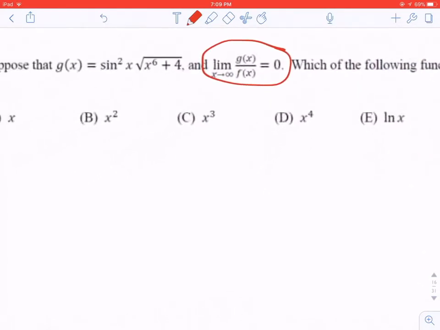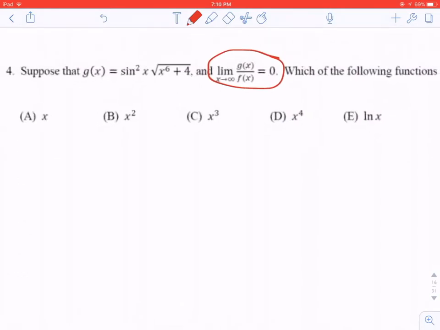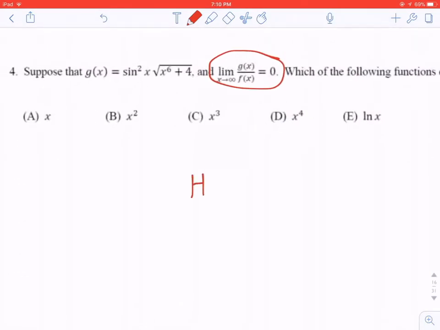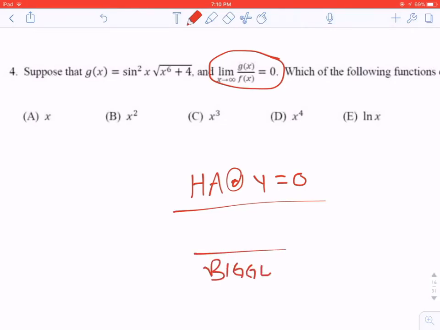So for there to be a horizontal asymptote at y equals 0, that must mean that the denominator grows bigger than the numerator. In this problem, we're told that g of x is the numerator.